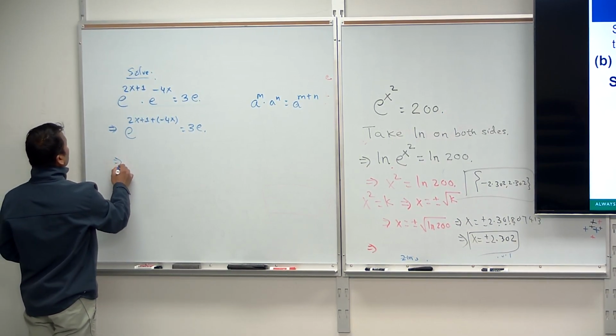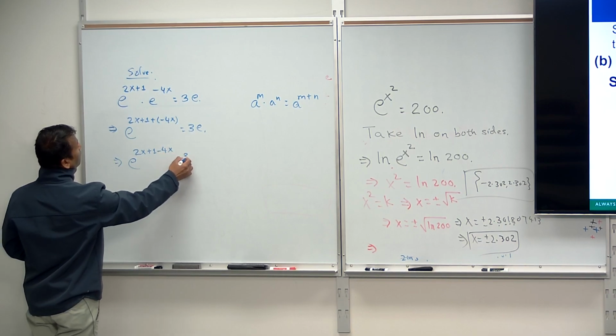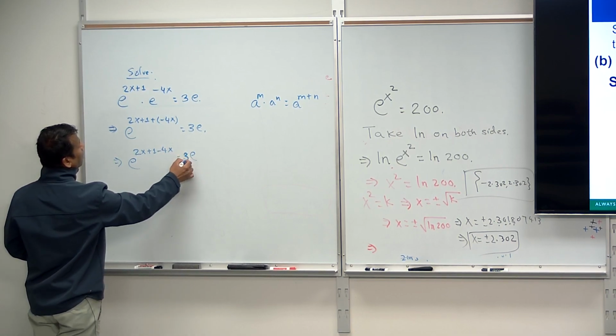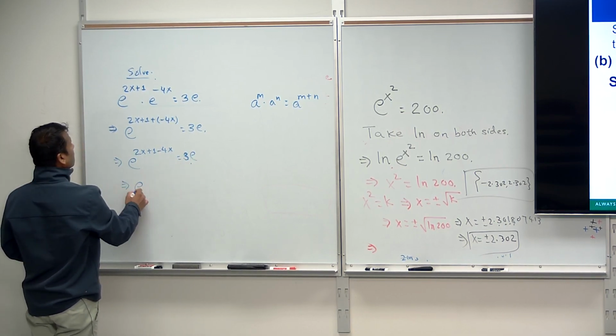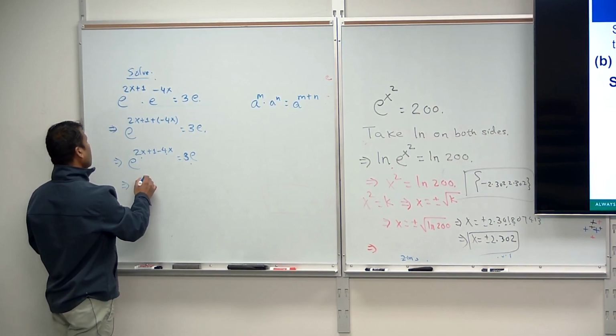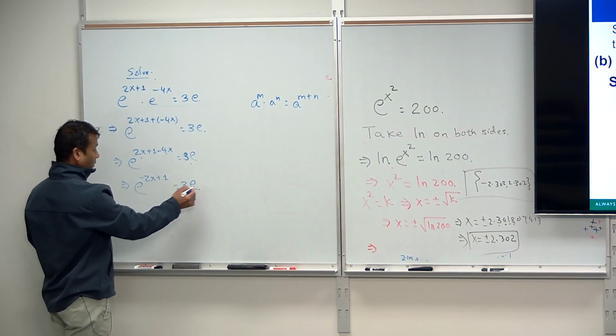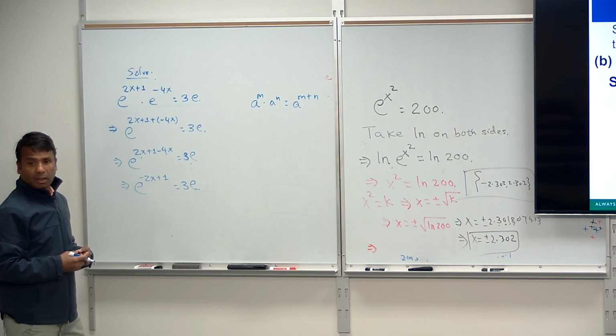So it will be e to the power 2x plus 1 minus 4x equals 3 times e. So this is e to the power, what is 2x minus 4x? Negative 2x, right? Plus 1 equals what? 3 times e.